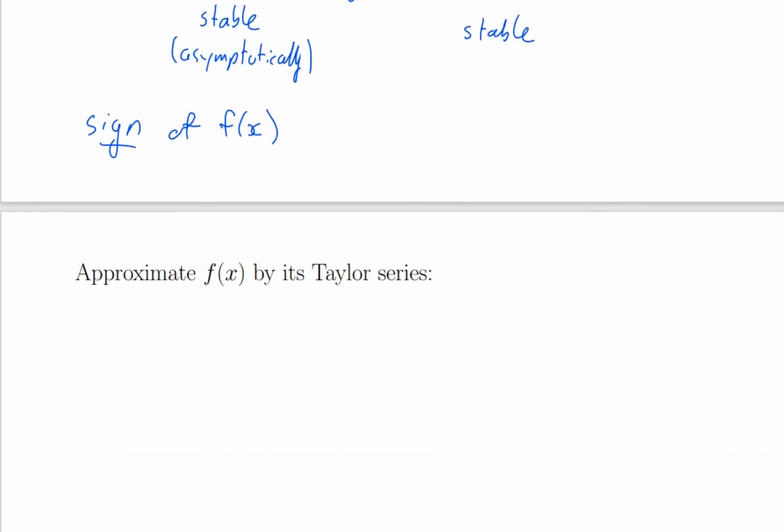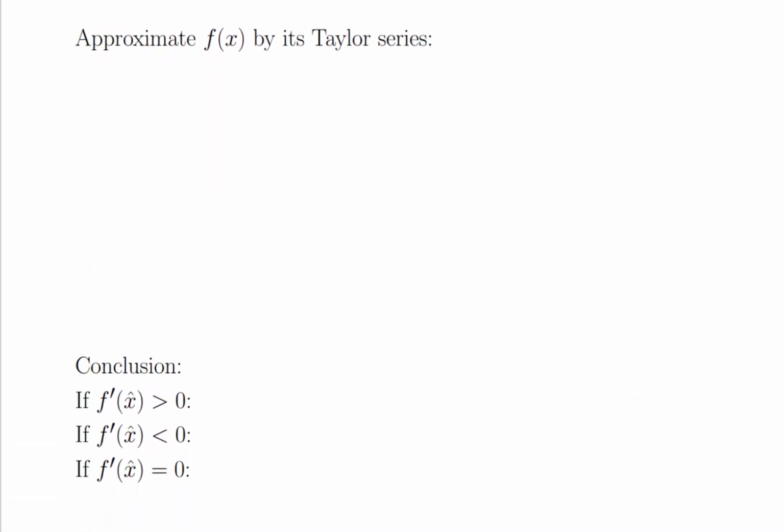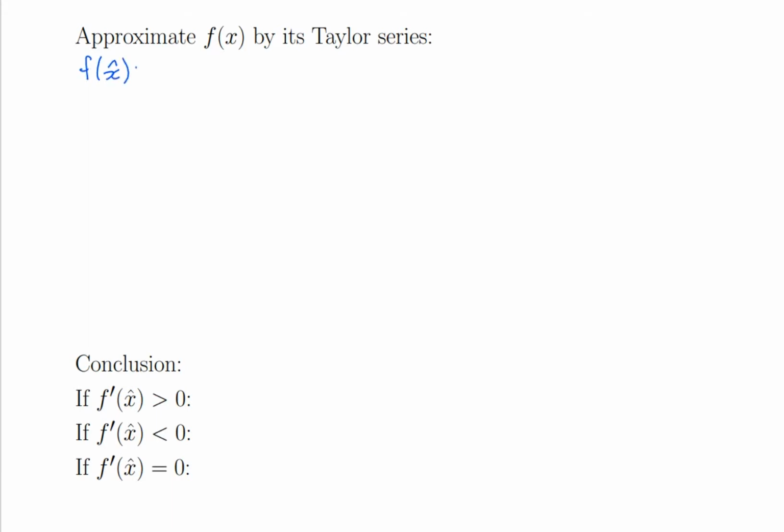So we can make that idea more precise by looking at the Taylor series of the function. So let's take a fixed point, so let's say f of x hat is equal to 0.